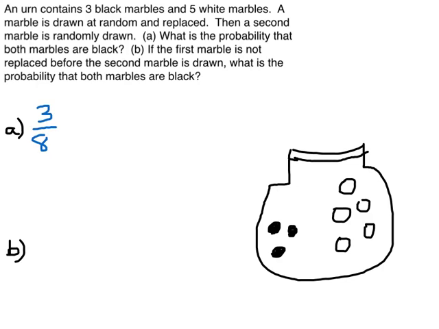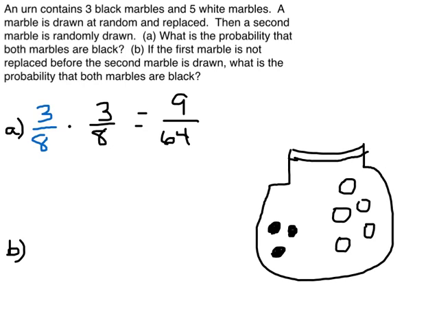So the second time, what is the probability that we're going to get a black marble? Well, again, we have 3 black, 5 white. So we have a 3 in 8 chance of getting a black marble that time as well. So we multiply across and we get 9 out of 64 times that would happen.